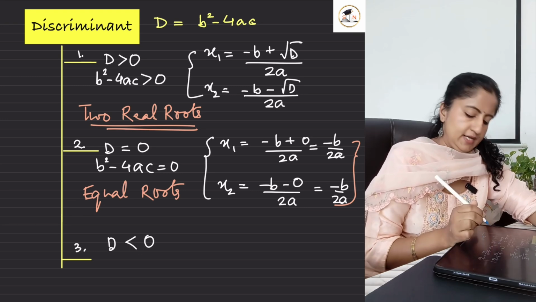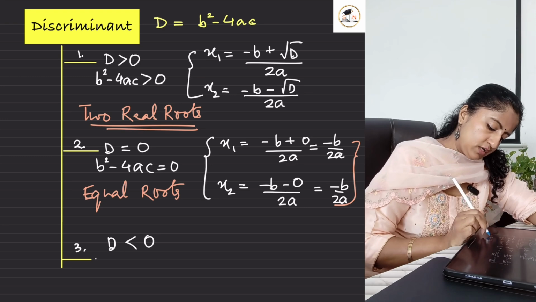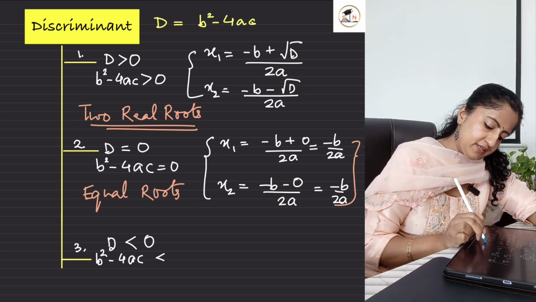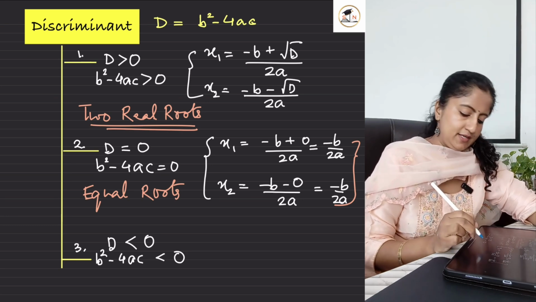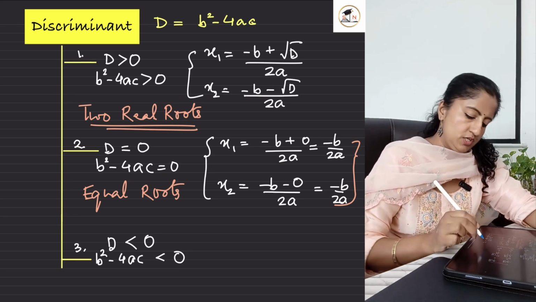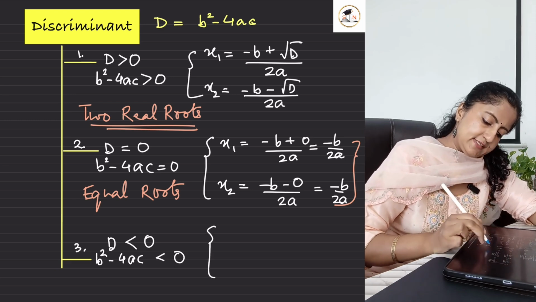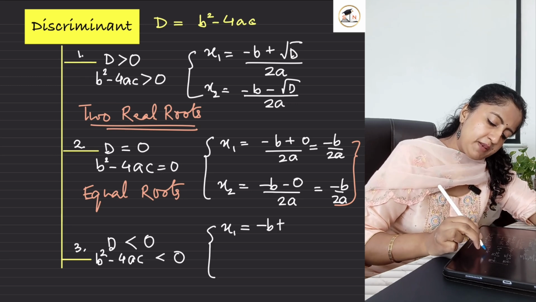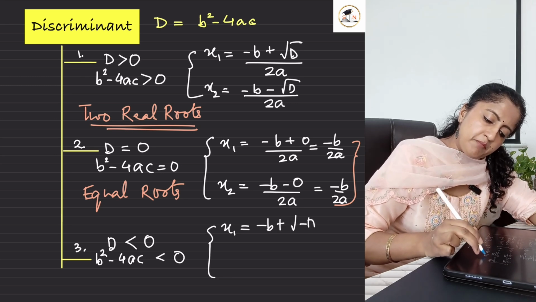than 0. d less than 0 means we are talking about b square minus 4ac less than 0. That means it is some negative value. Less than 0 means negative value. So now what do we get for x? My x1 is going to be minus b plus under root of minus d.